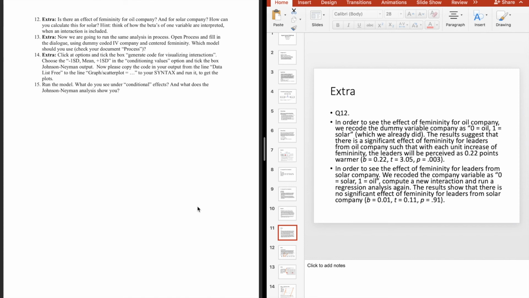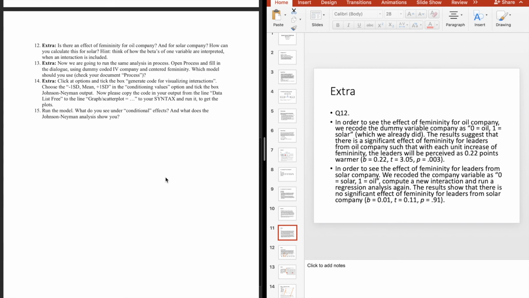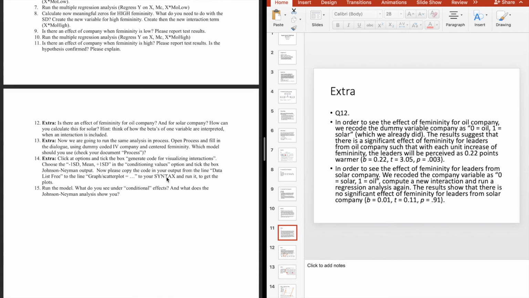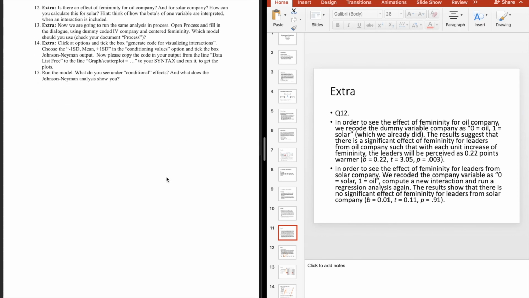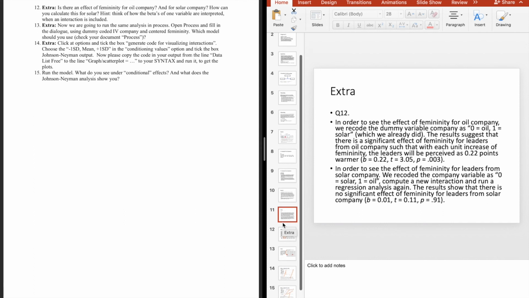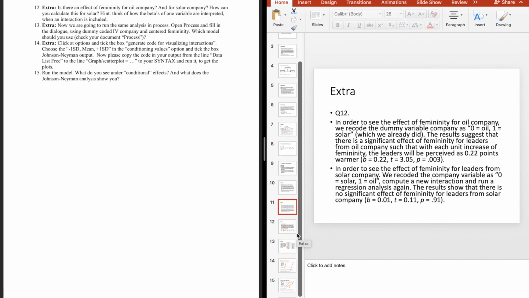Okay. From question 1 to 11, we were looking at how the influence of company on warmth depends on different levels of femininity. But now we want to look at how the effect of femininity is different within the solar company and within the oil company.